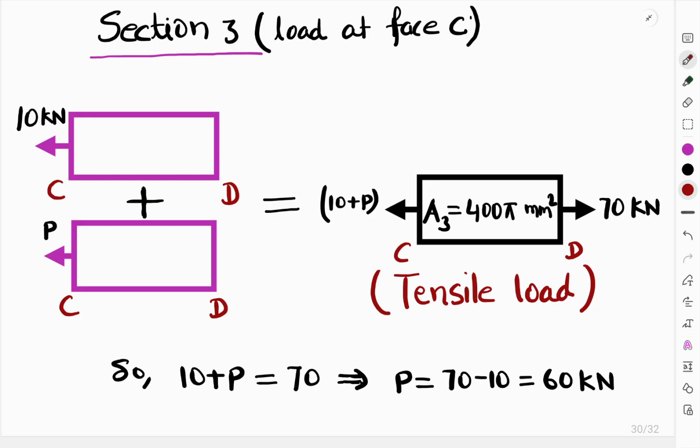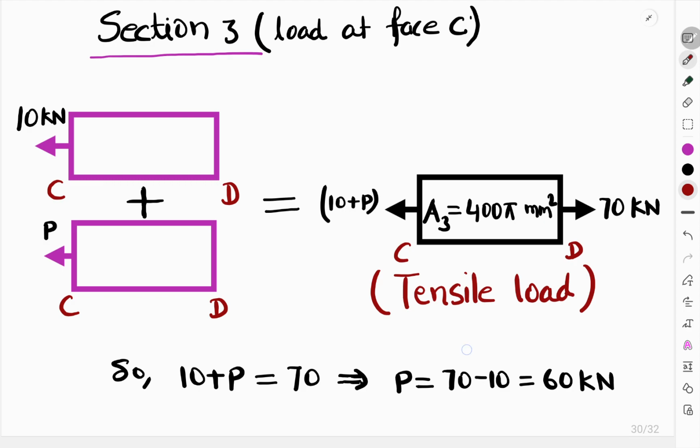Both forces are tangential in nature, so we are going to sum up. Then here you will get 10 plus P, that will be tangential in nature, and at the far end at point D 70 kilonewton force is applying. This force will be tangential in nature.